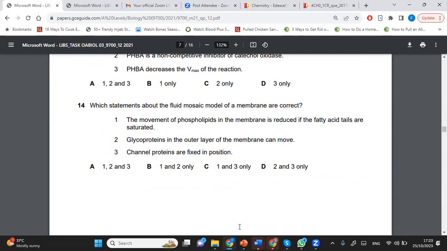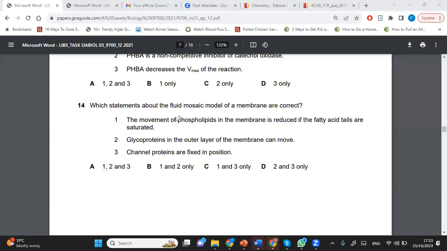The movement of phospholipids in the membrane is reduced if the fatty acid chains are saturated. Is that true or not? If the acids are saturated, what does that mean for the movement of phospholipids?